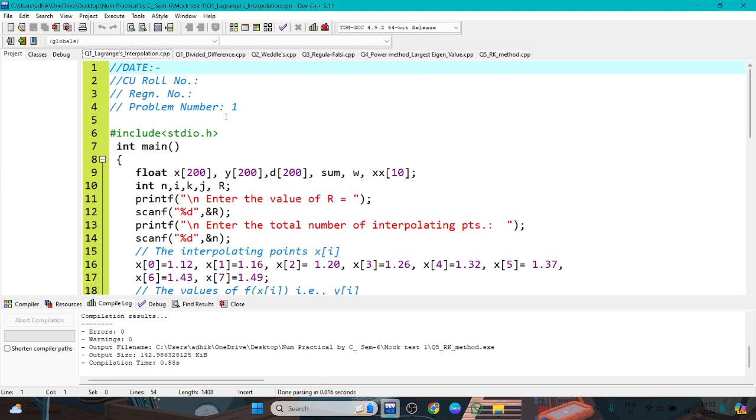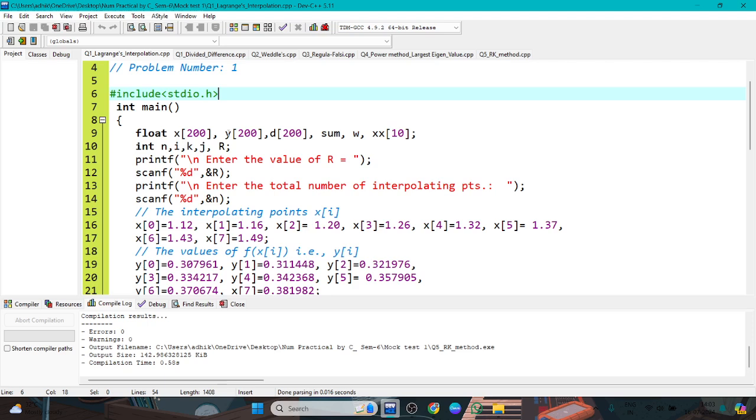And this is the Lagrange interpolation. First, declare float x dimension, y dimension 200, d dimension 200, sum, xx dimension 10, and integer variables i, k, j, r.